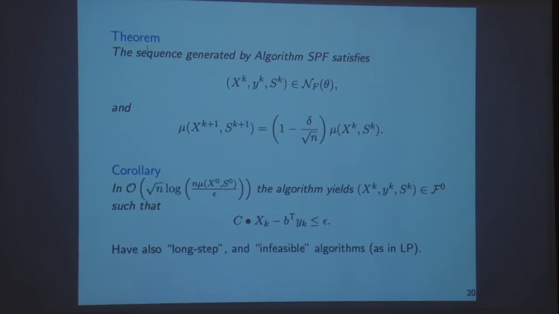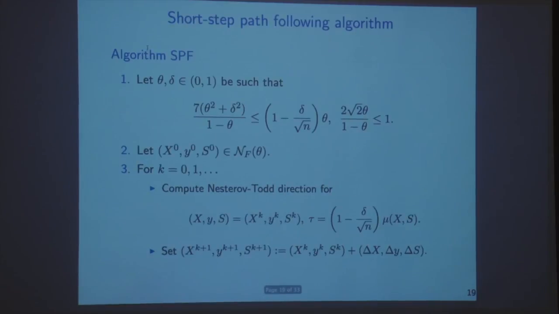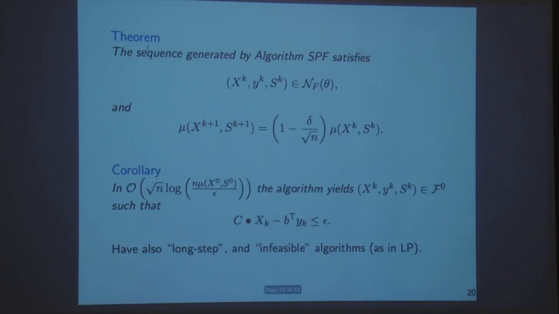So we have that the algorithm here gets us iterates that are in that local neighborhood, and the mu of the iterates decreases linearly to 0. Because it decreases linearly to 0, as a corollary, it follows that if we want primal and dual solutions with a duality gap epsilon, we need to perform roughly log 1 over epsilon steps, modulo some constants.